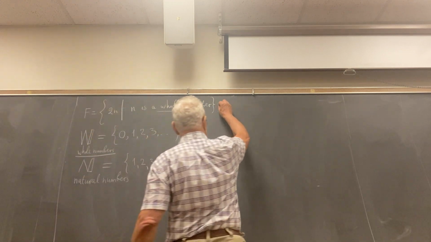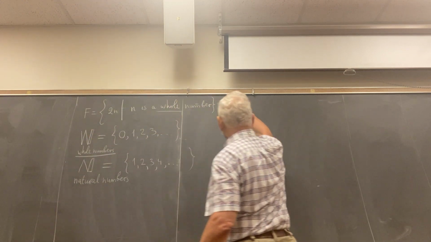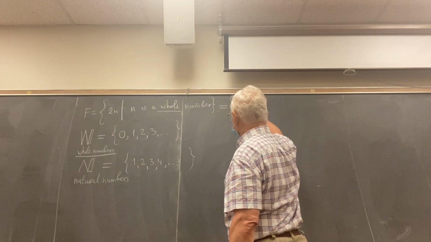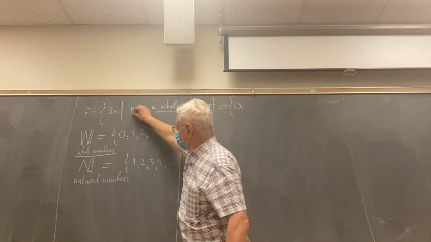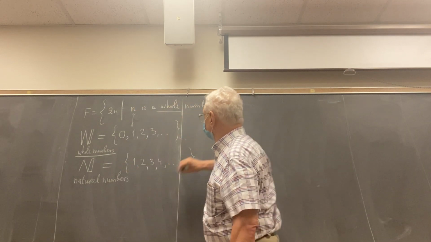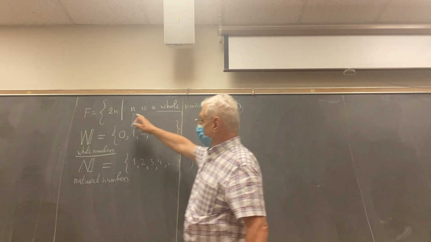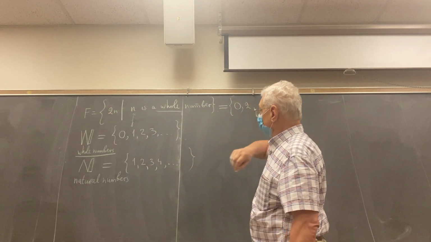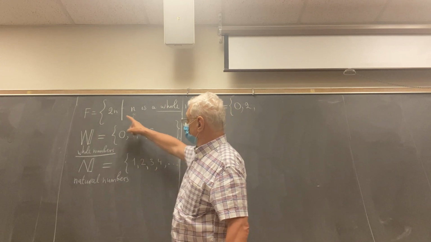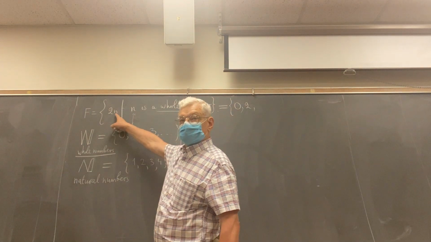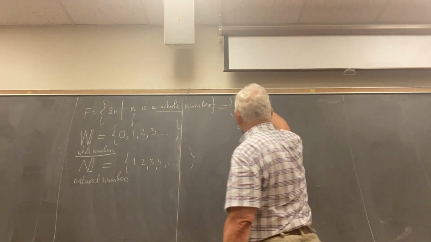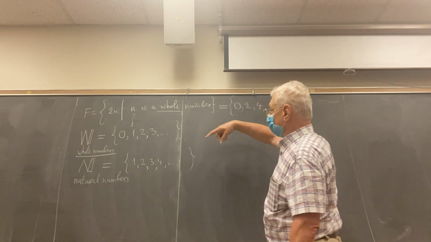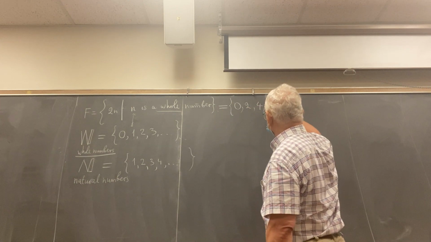So I will have 0. Then if n equals 1, then 2n will be 2. If I take n equals 2, plug it in here, I'll get 4. Then I plug in 3, it will be 6.